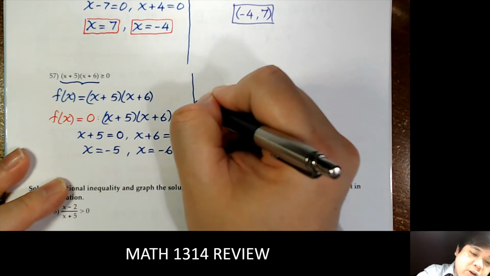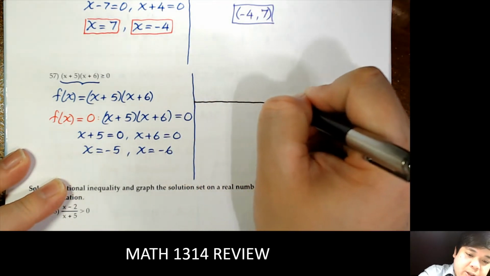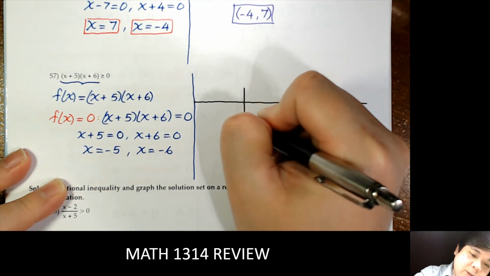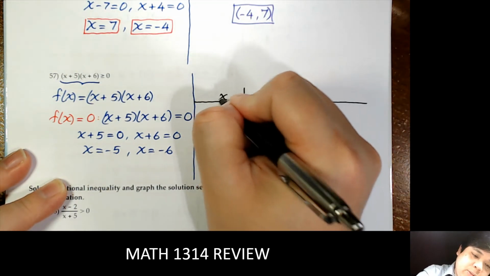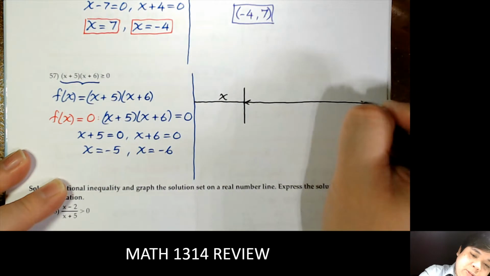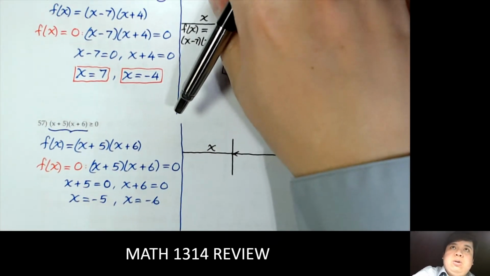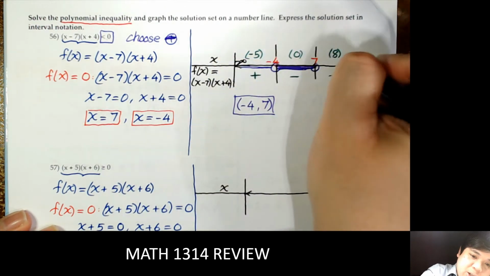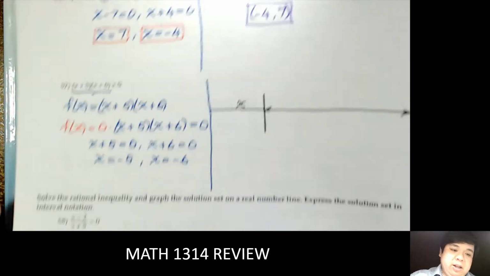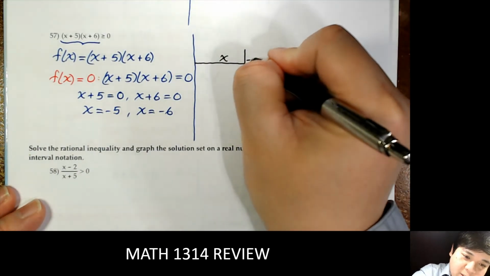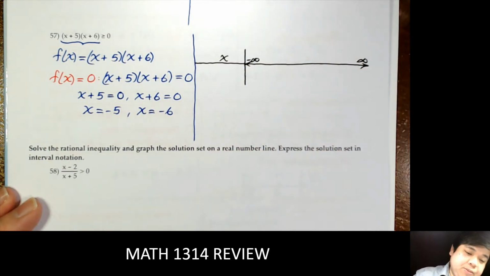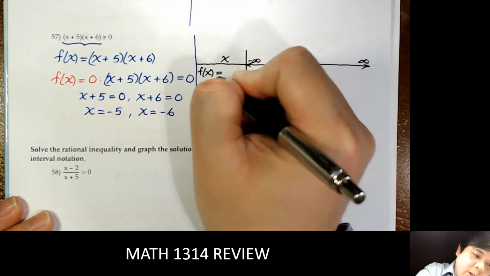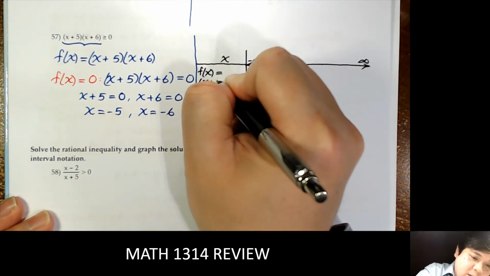Put those numbers on the sign chart. Also, as we said earlier, those are the number lines, so we put negative infinity and infinity there as well. Right, the function is x plus 5, x plus 6.